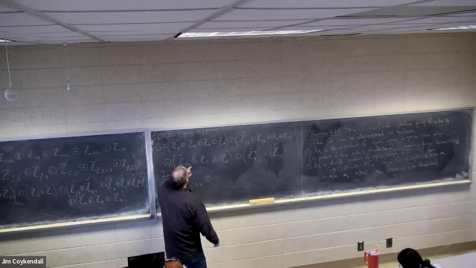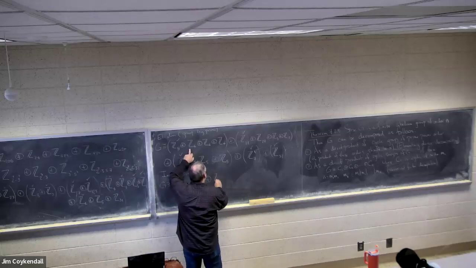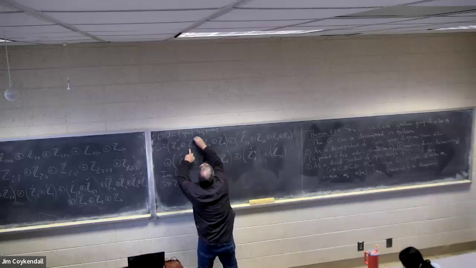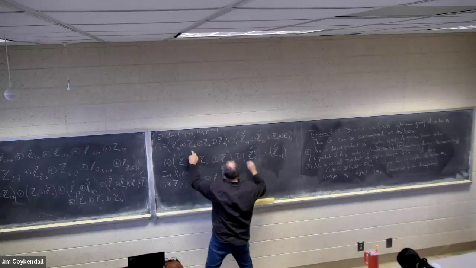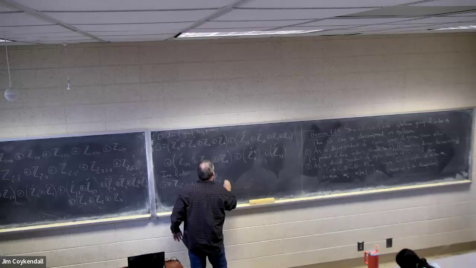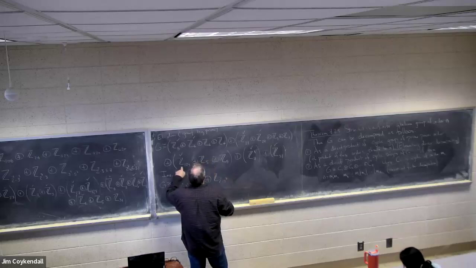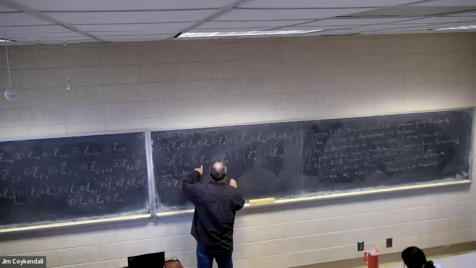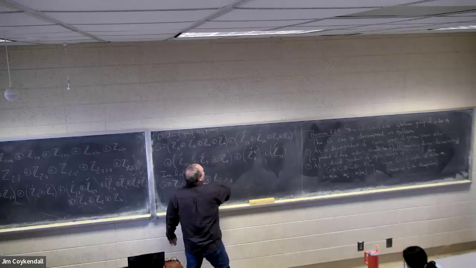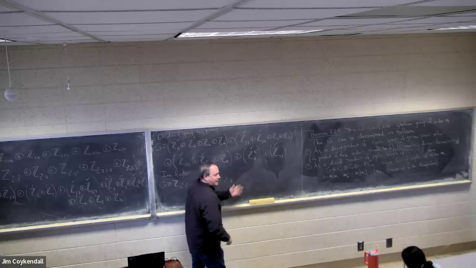Next term, much more modest. Z4, 27, Z5, and then you're out of real estate, right?